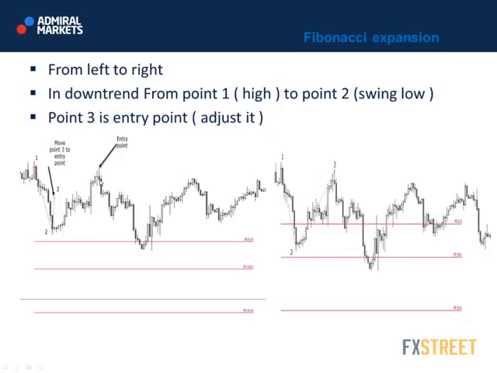Or it doesn't matter, maybe you made your entry there, but it's still part of the same retracement, because this was the swing high, then this was the swing low, and this was the next swing, which is basically a lower high. So you connect swing high, low, and lower high, and then you will get levels which are automatically placed on the chart. Okay?